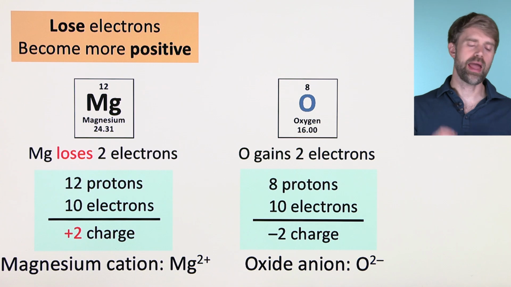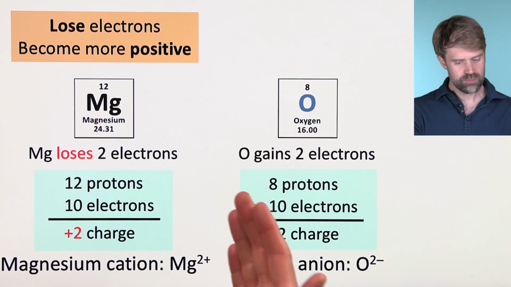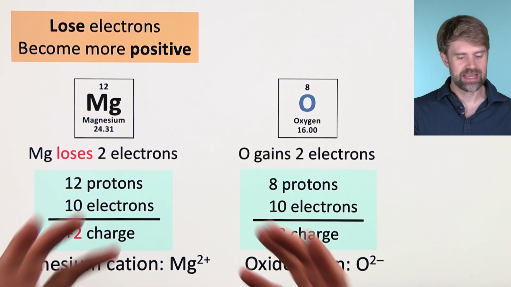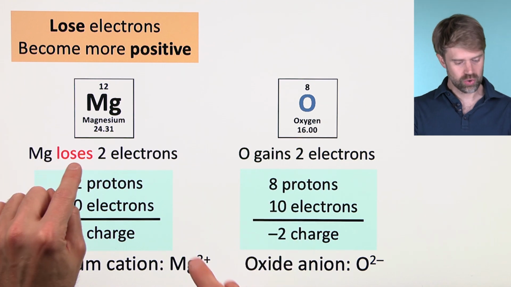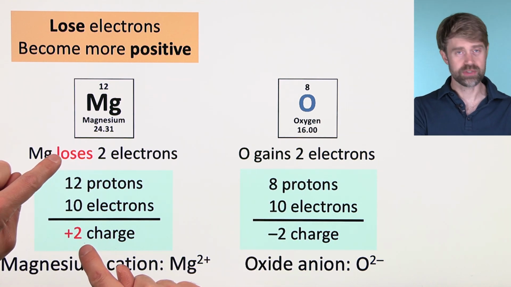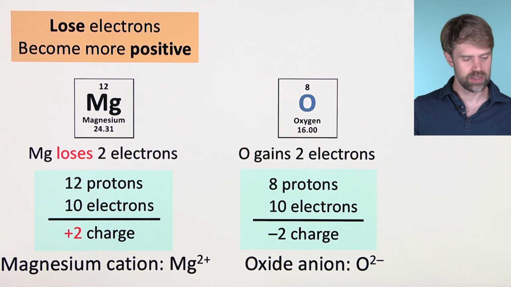Before we move on, I want to discuss one common mistake. When people do problems like this, they sometimes forget that electrons have a negative charge. So, when an atom like magnesium loses electrons, it becomes more positive, because when you get rid of negative electrons, you become more positive.